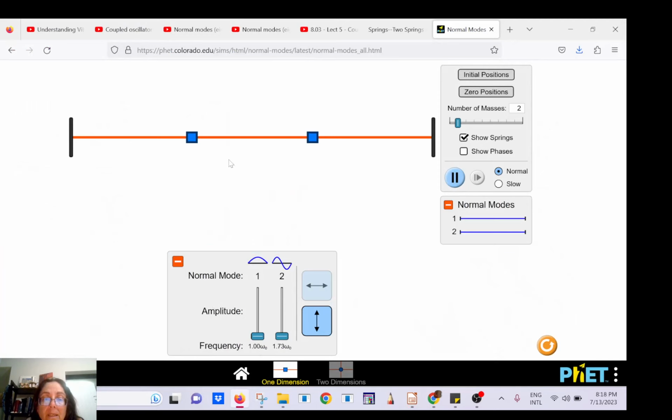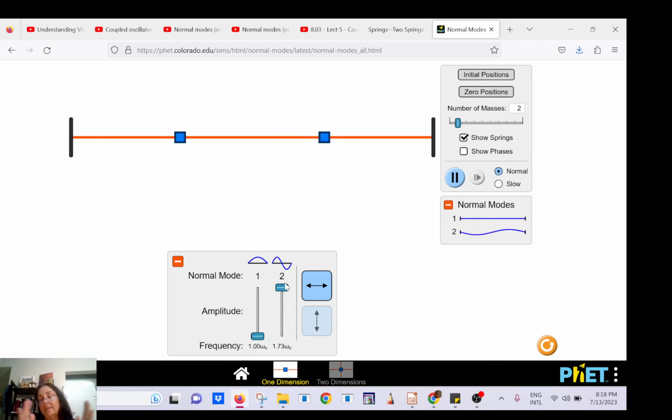So here, let me show you. I'm going to put the first mode. How do I put the first mode? That will be, no, I want them to oscillate like this. Okay, so that will be the first mode. And you see, they are in phase. And the natural frequency is just omega 0. The second mode will be when they are pushed together, pull apart, right?